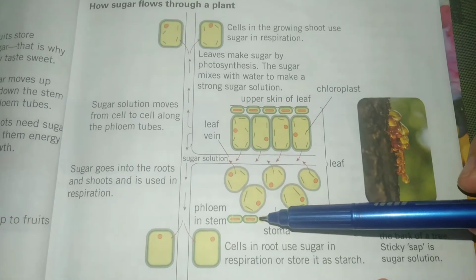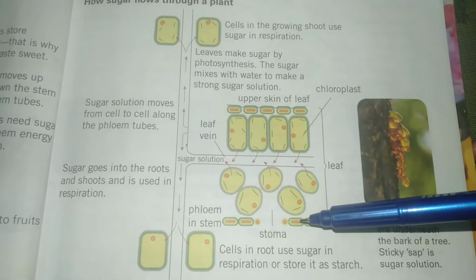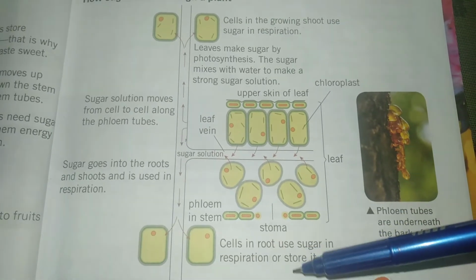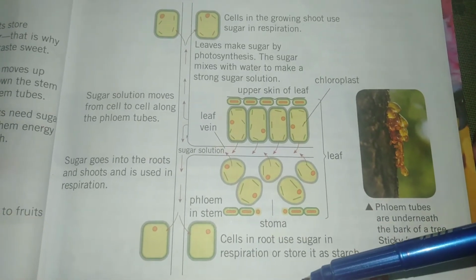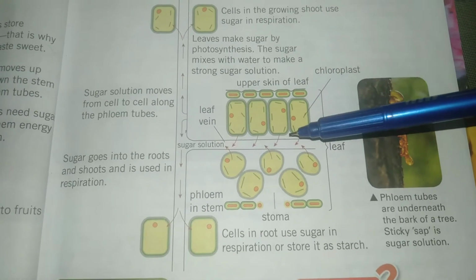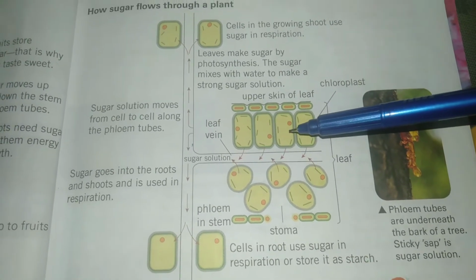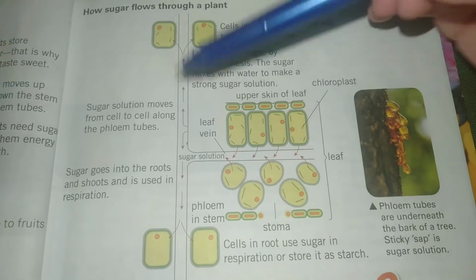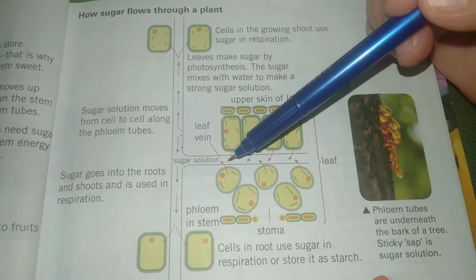And you can see that there are stomata in the lower epidermis that are for the exchange of gases with the surrounding air. When sugar is prepared in this photosynthetic tissue, it dissolves in water to form the sugar solution.